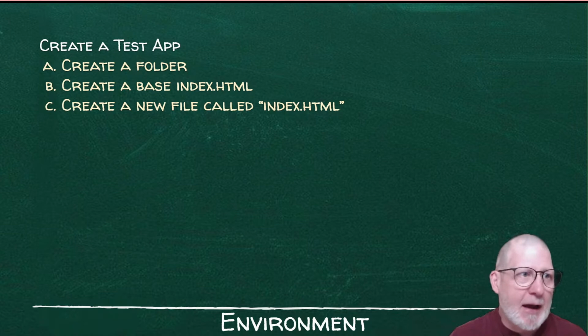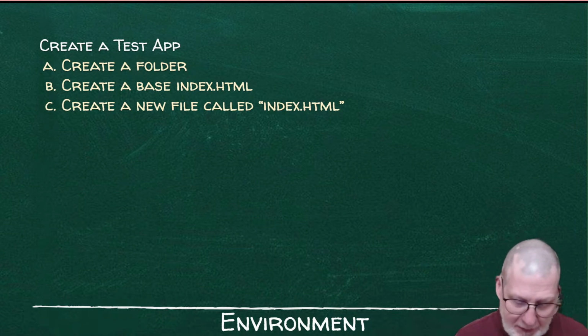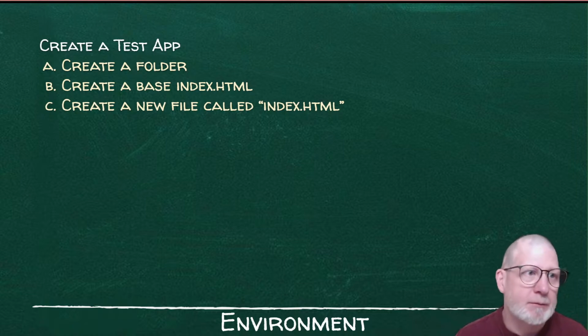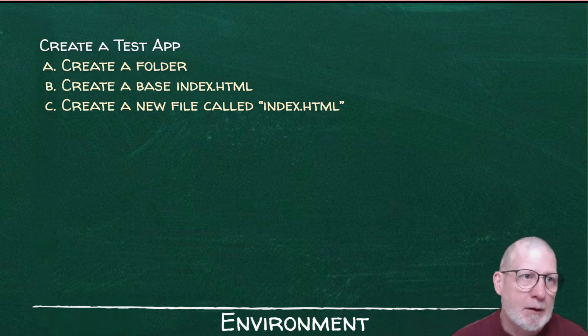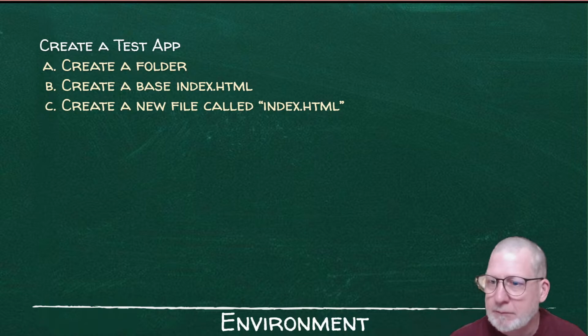Inside my second app folder, I'm going to create a new file, and that file is always index.html. Now, if you have a file called launch.json open, you can close it.